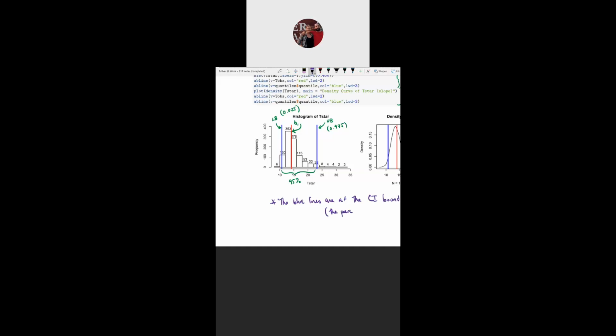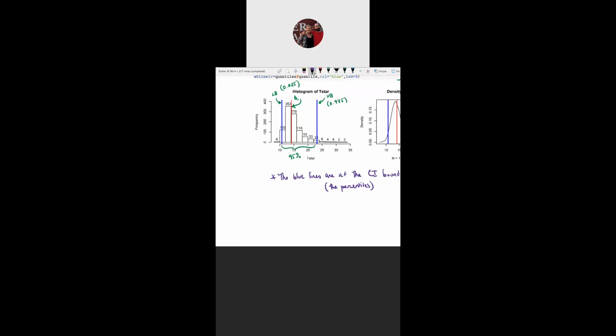So the percentiles, there you go. And then you notice that I'm skipping over the interpretations, and that's just because the interpretations for the confidence interval are the same regardless of which method you use.